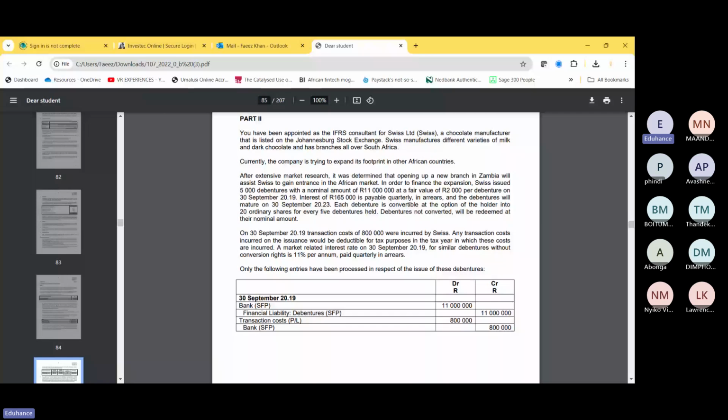Okay, so you can see my screen over here. This is basically a TAT letter 107 from 2022. This is FAC 4863. I can't remember the name, I think it's Fern Tech or something like that.